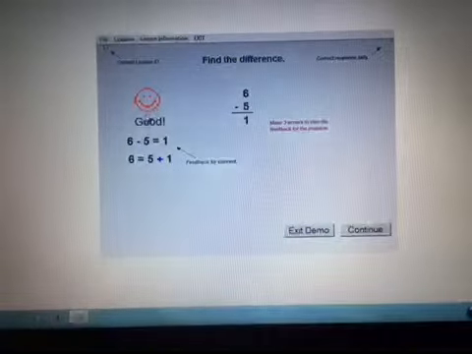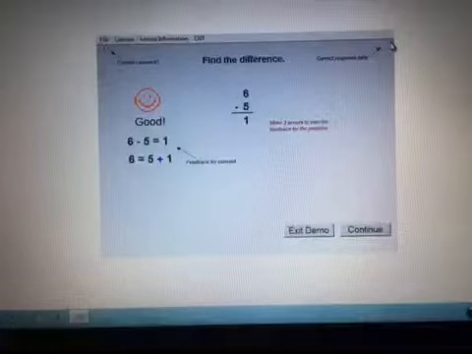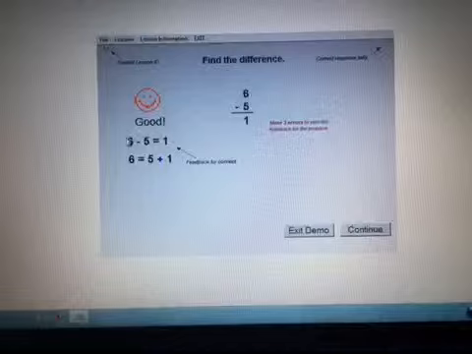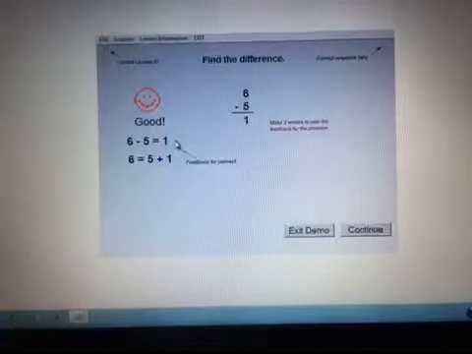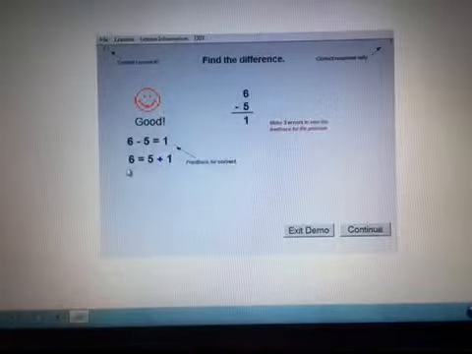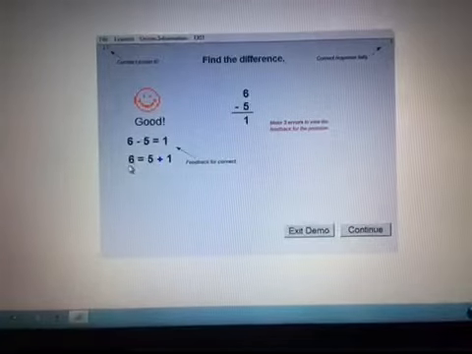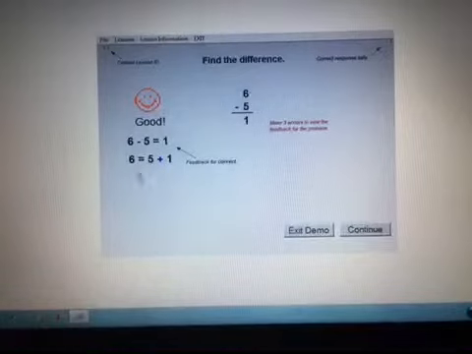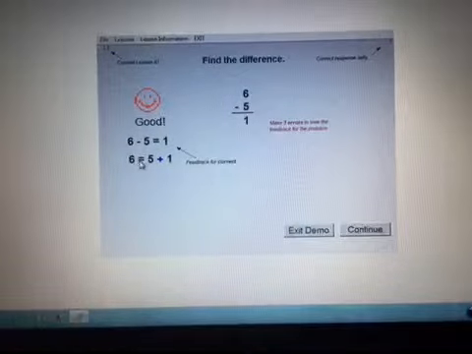And note that we have the positive feedback, the correct answer tally. We have the problem now in an equation form, and we are also showing the converse relationship between subtraction and addition.